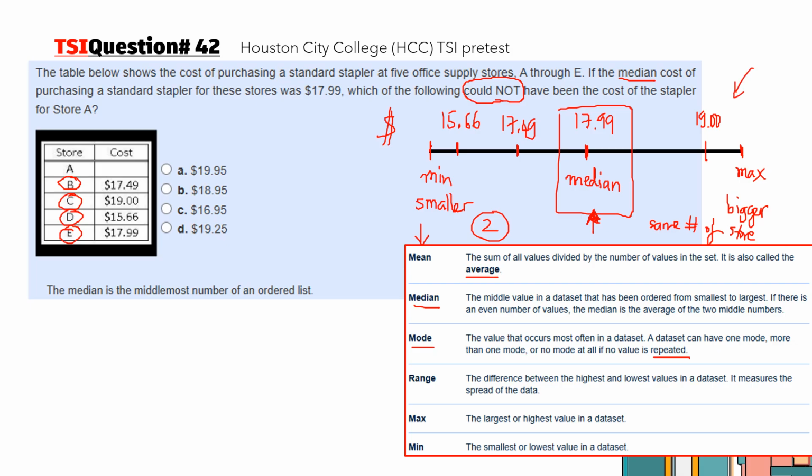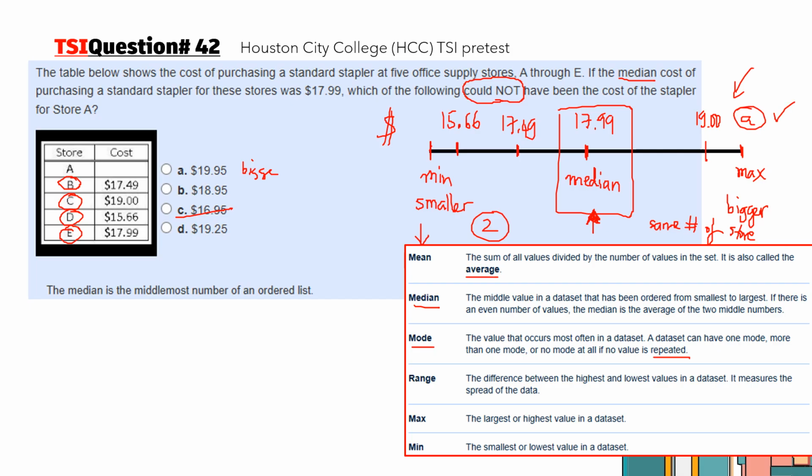Of course, the value will be in between 17.99 toward the bigger numbers. So anything less than 17.99 we cross out. So C is crossed out, because it's less than. This one is bigger, so we can leave A right here. Yes, it's good.